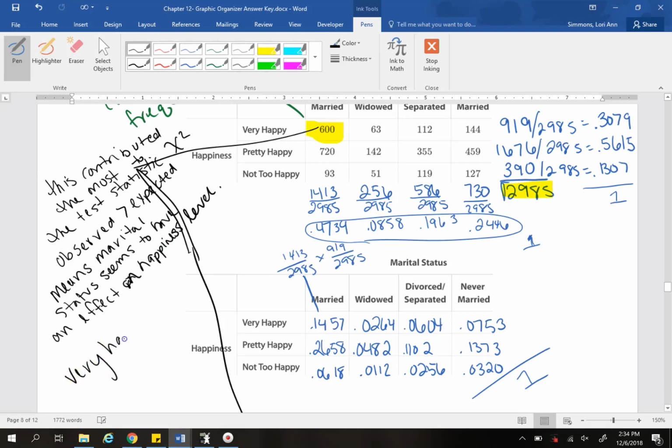Very happy and married had the largest expected observed difference.